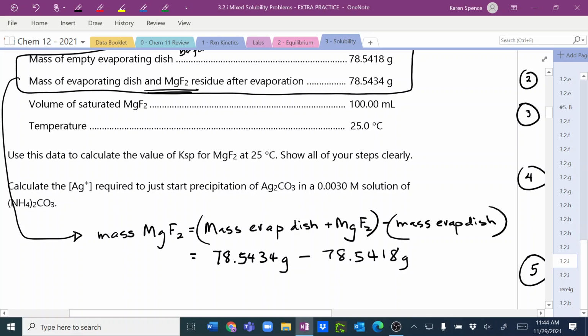I don't know what I'm saying, but you kind of get it, okay? Yeah. Okay. 0.0034 minus 0.0018 is 1.6 times 10 to the negative 3 grams, or you could write it as 0.0016 grams.